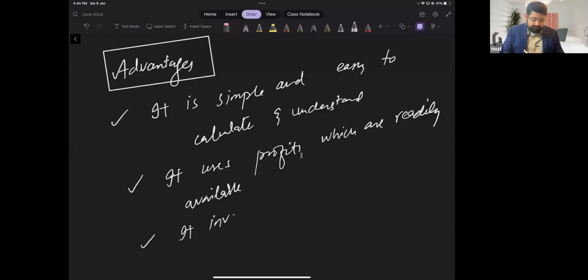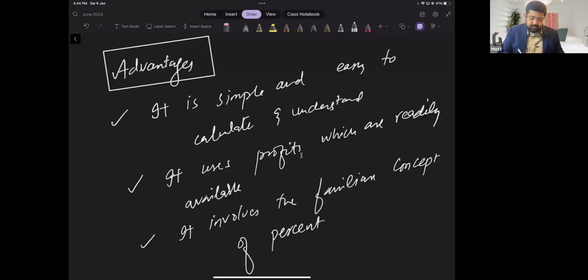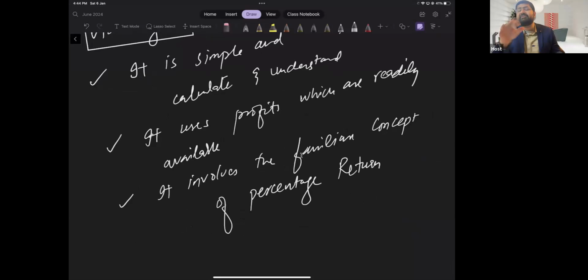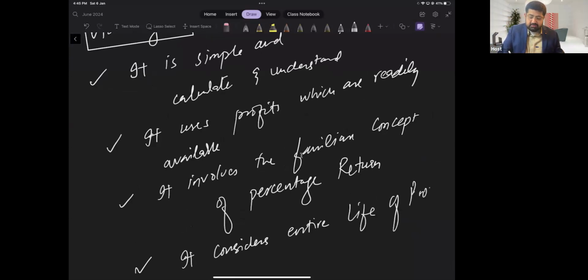It involves the familiar concept of percentage return. How much percent you will get? Very easy. And it considers the entire life of the project. The whole profits.